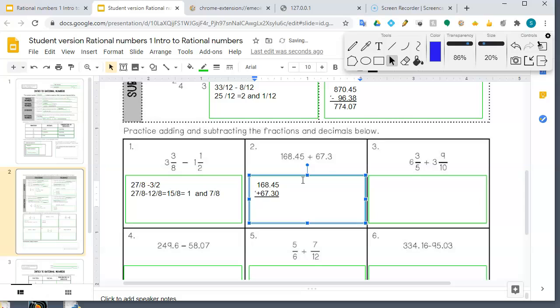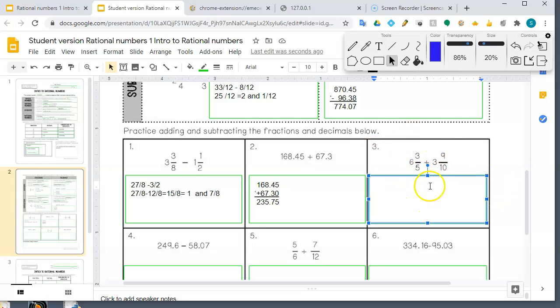And let's look at, well, these last two. It's going to be 7, 5. 15 here, and we're going to carry the 1. So 12, 13. Carry the 1, 2. So we get 235.75.